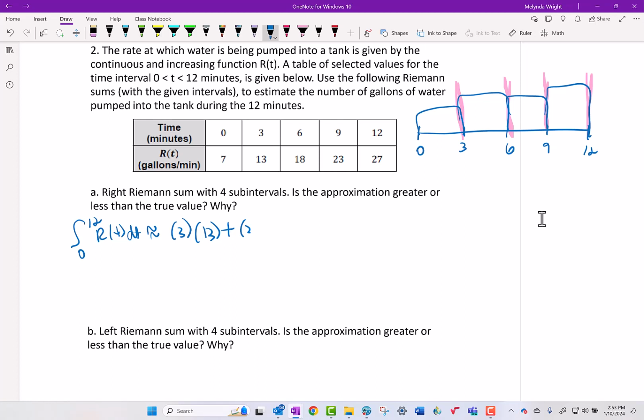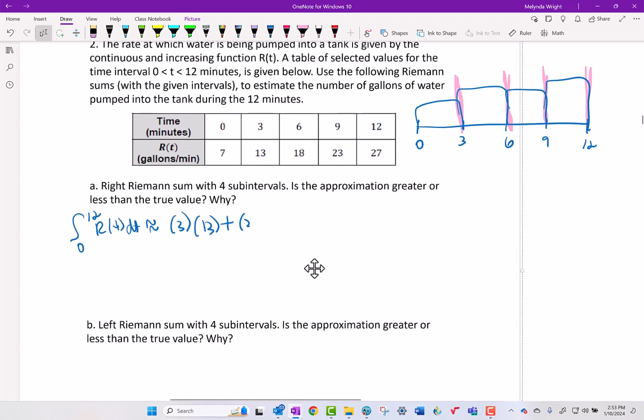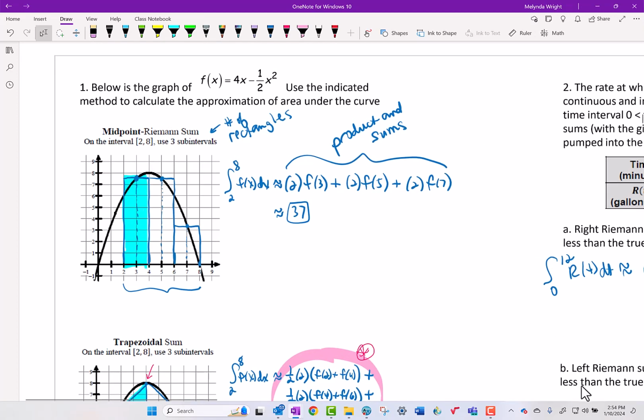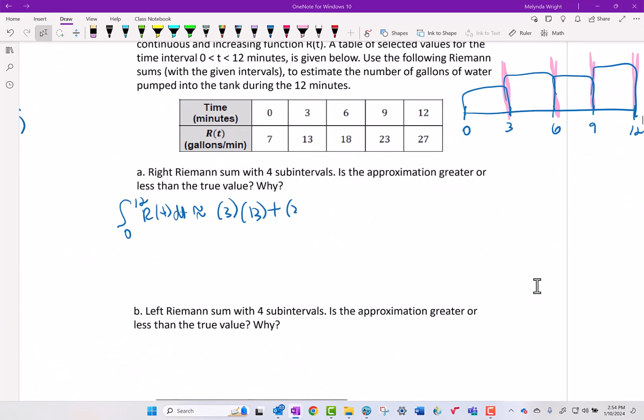Well, well, well. Neither one worked. So I'm going to pause the video for a second. Okay, there we go. All right, it froze. Who knows why?